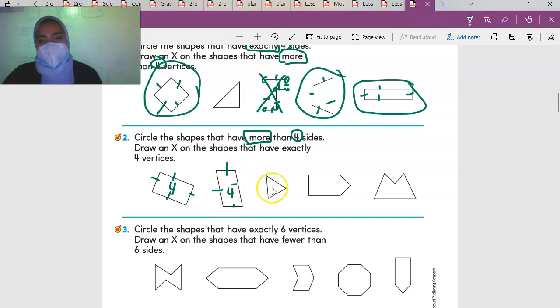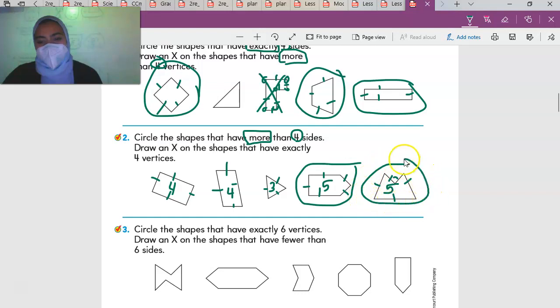Does this one have more than 4 sides? No, that has 3 sides. Does this one have more than 4 sides? Yes, it has how many sides? 5 sides. So I'm going to circle it. Does this one have more than 4 sides? 1, 2, 3, 4, 5. Yes, it does. So I'm going to circle that.